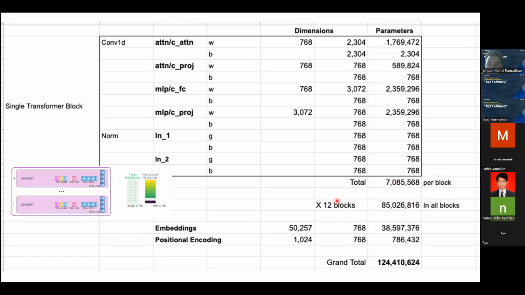When we add the parameters from token embeddings and the positional encoding, the overall count comes to around 124 million parameters for the entire GPT-2 small model.